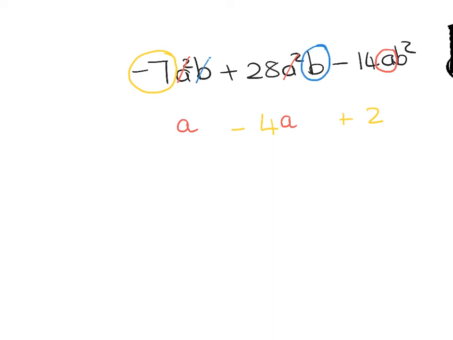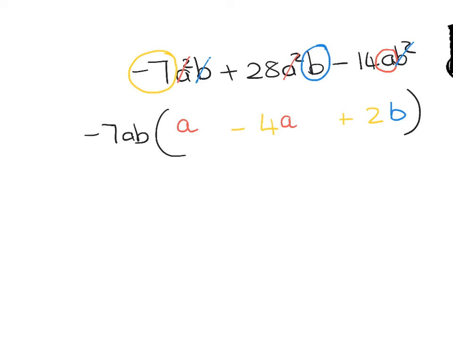It goes into it once, and here it goes into it once, and there's a b left. Now, I've done my signs, I've done my numbers. Now I've got to put this into brackets, and I've got on the outside then minus 7, a, and b.